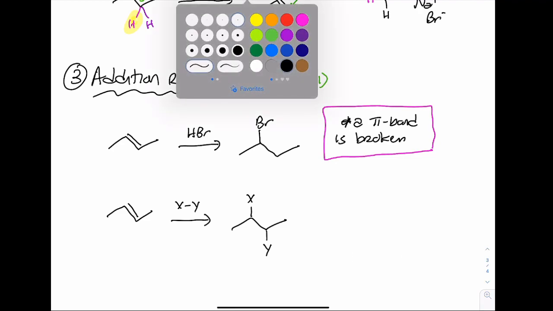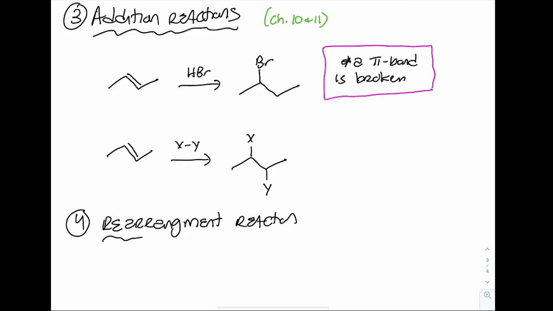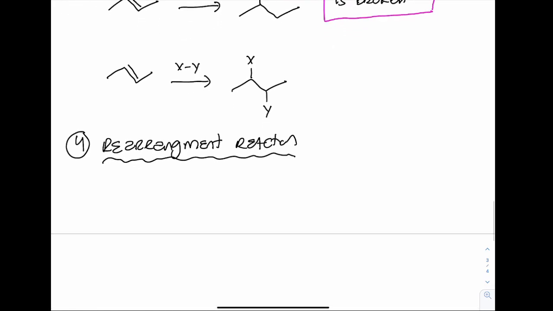And then our last one, you're actually not going to see this semester, but you will see it in 236, and that's a rearrangement. And what we're doing with the rearrangement reaction is we're actually producing an isomeric product.